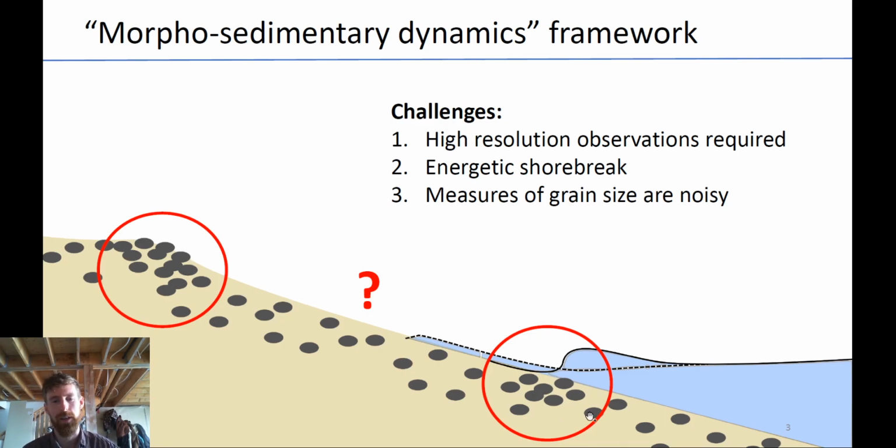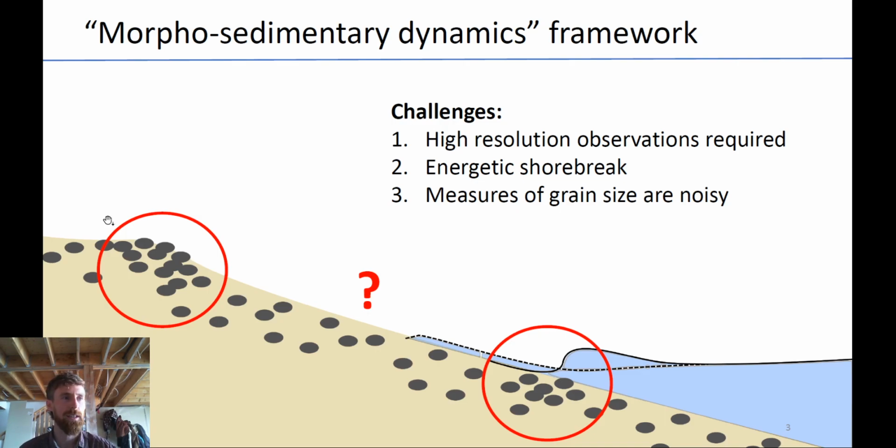The beach step being a discontinuity in slope associated with the bottom of the swash zone, where there's kind of sediment convergence where waves are breaking or where the bore collapses. And one might expect sediment coarsening to occur alongside positive morphological change in places like this.